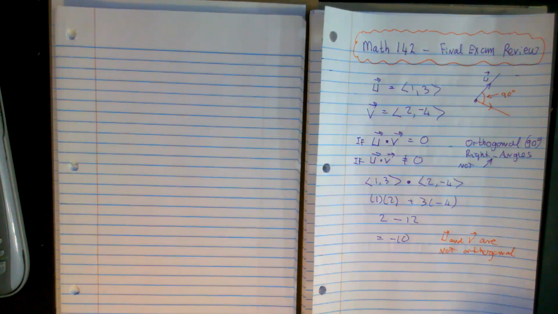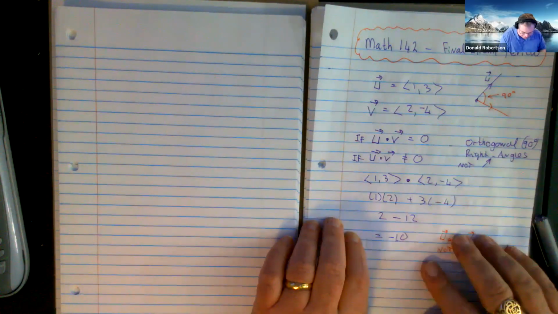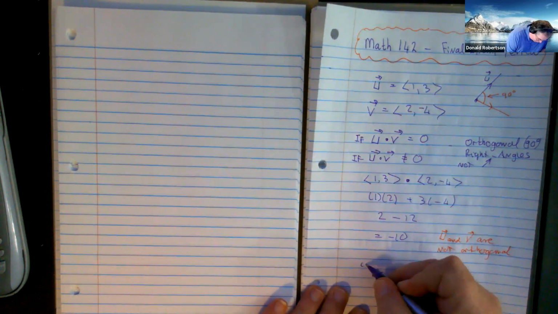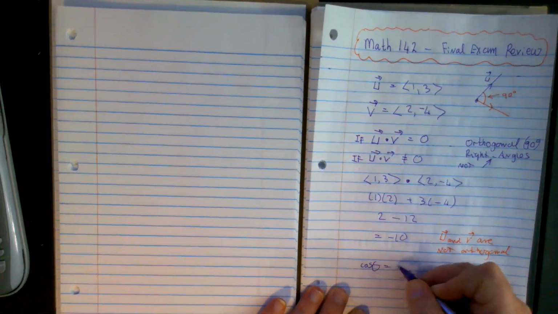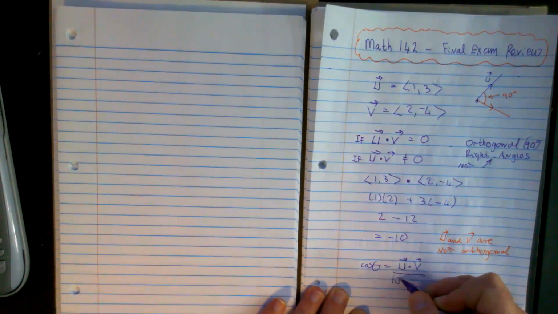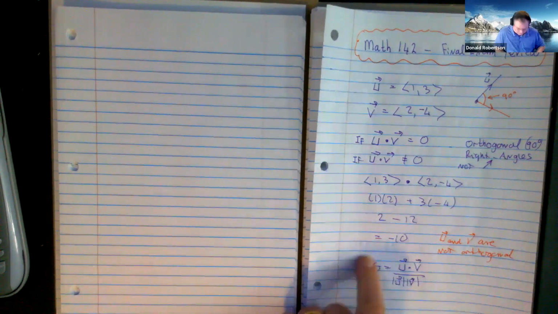That's pretty much it. Now, if you didn't realize that shortcut test, couldn't you find the angle between them using the formula that we... the U times V over... oh, no, not that one. That one, right? Couldn't you use that formula?